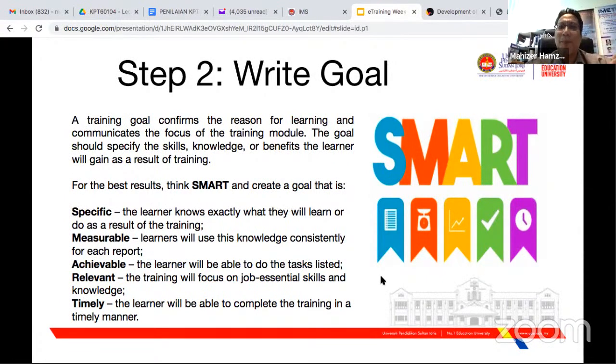For example, sometimes we have what we call modular training, which is based on modules. Participants will go from one module to another, and after they finish one module, they go for the second module. And this modular based sometimes takes time.